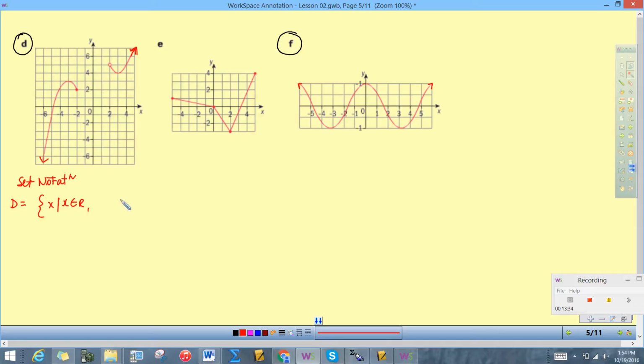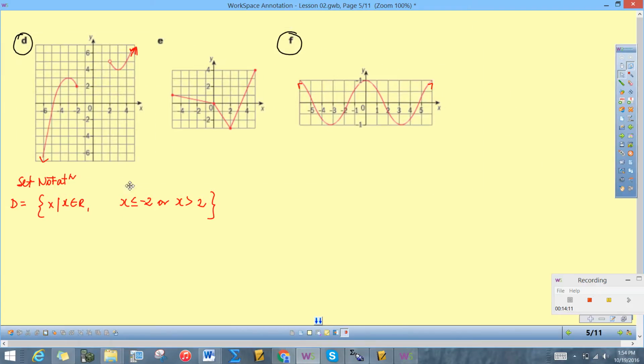So I would say x has to be less than or equal to -2, or x has to be greater than 2. So that would be my set notation for that.